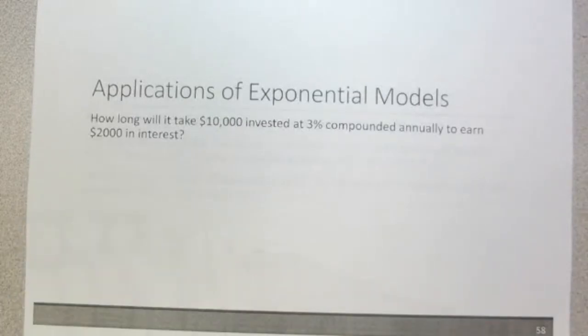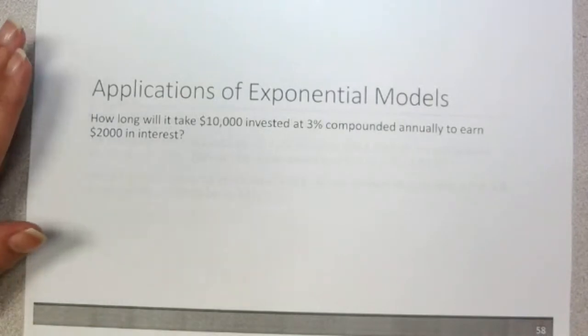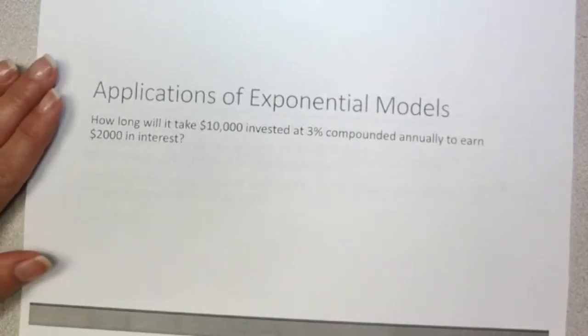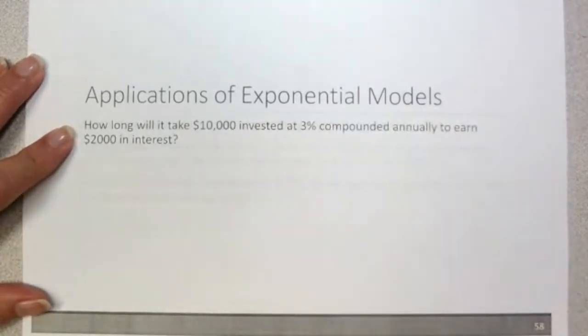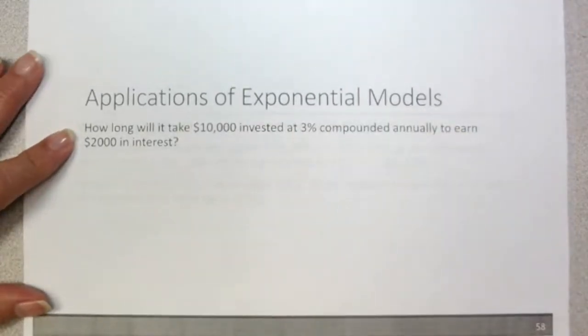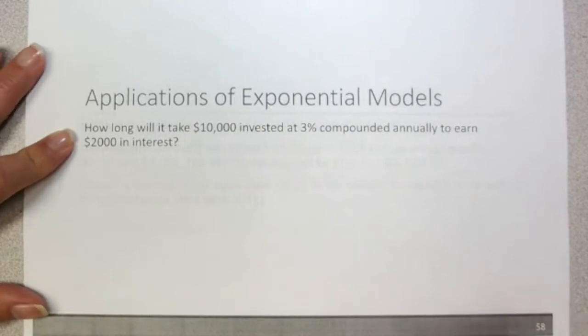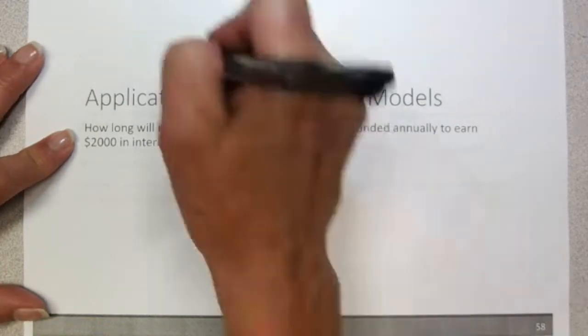So let's end the lecture by taking a look at applying exponential equations, or applications that involve exponential models. Recall from previous lectures, we have an exponential formula that we can use to find the future value of money when compound interest is involved.